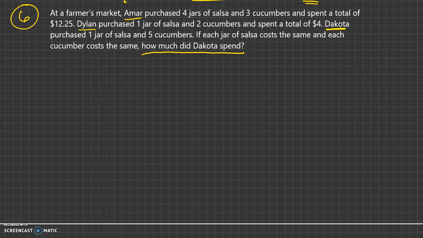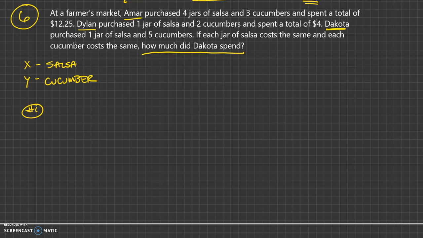All right, so why don't we do this? We're going to use X and Y. Salsa, we'll just use salsa for X. Cucumber for Y. Now let's start looking at our first equation. We know we have 2 unknowns and we need 2 equations.